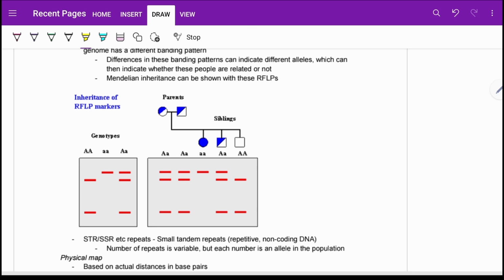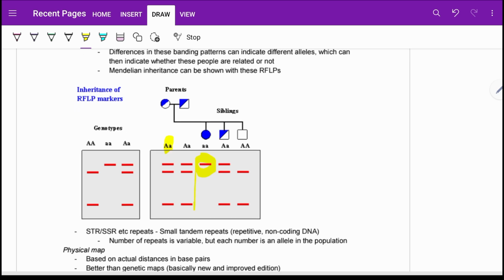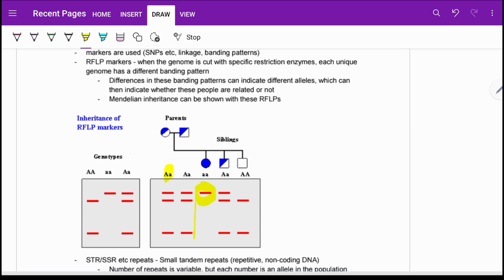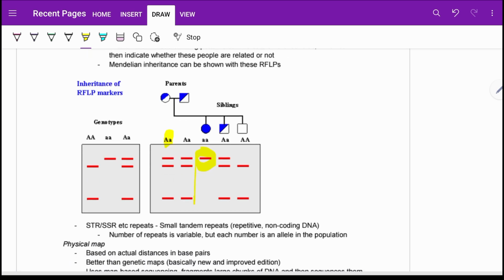A classic example of how this is used is to determine whether people are related, specifically paternity tests. We can see that these parents are heterozygous for a gene, and then we can see exactly how those alleles are passed down and how those alleles affect the RFLP markers when we run this gel with the children.